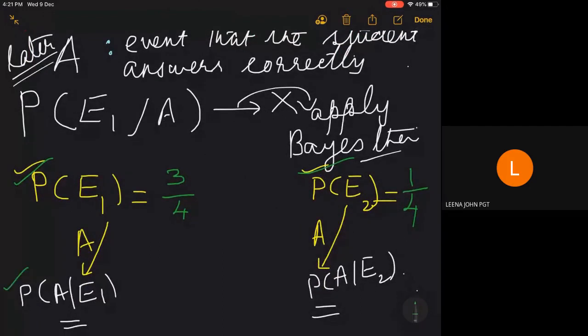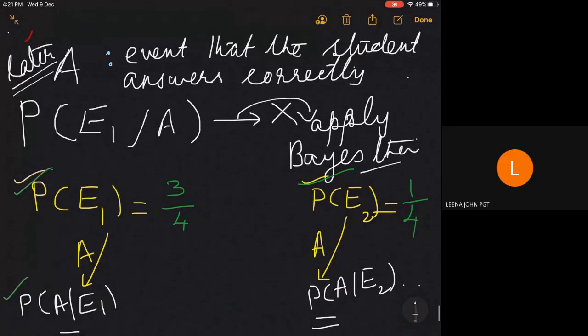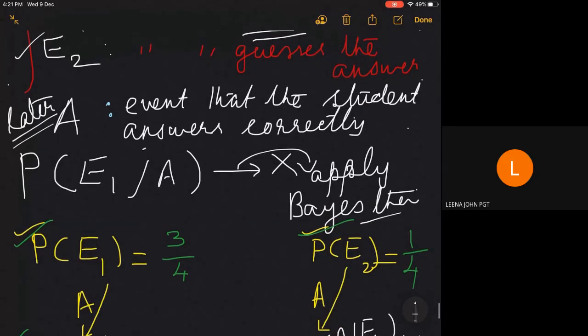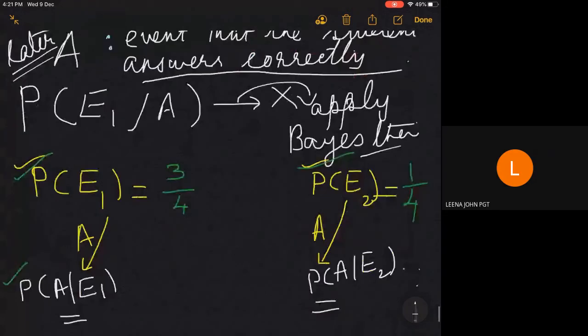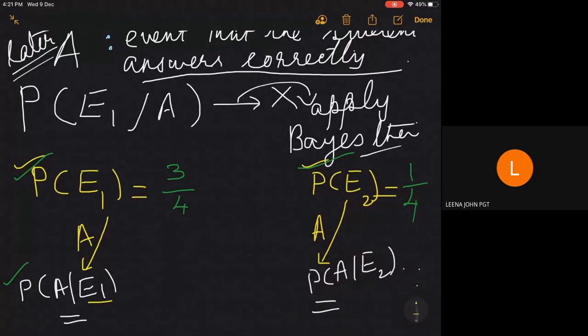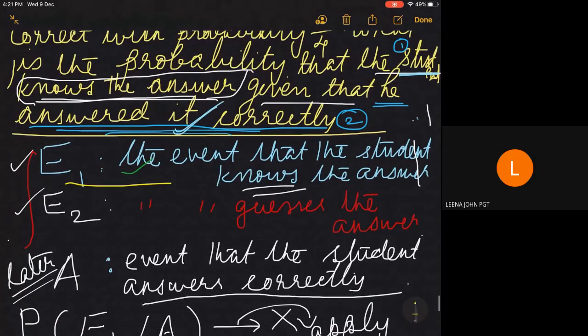Now you have to look for this P of A given E1. What is P of A given E1? It is the probability of A with the condition E1. Probability of A means the probability that the student answers it correctly, provided E1 has happened. E1 has happened means the student knows the answer.